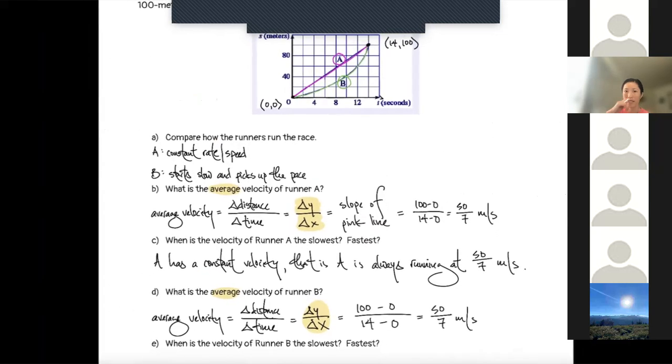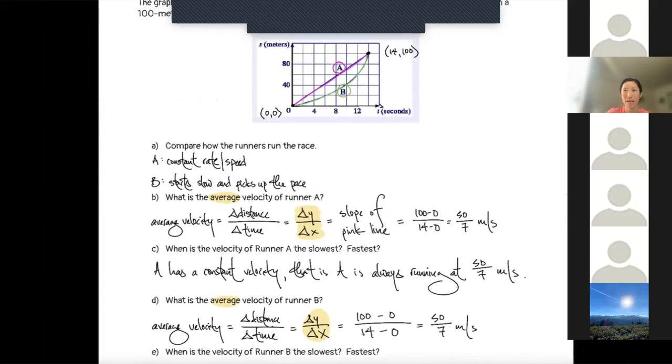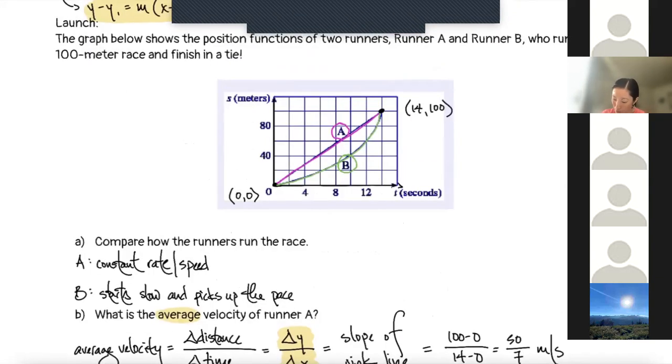Now, that might seem weird because they have different paths, but if we think about this in terms of a grade analogy, as an instructor, I see students approach the class with a lot of different mindsets. Some people come into class and they're like, I'm going to do all of the assignments.